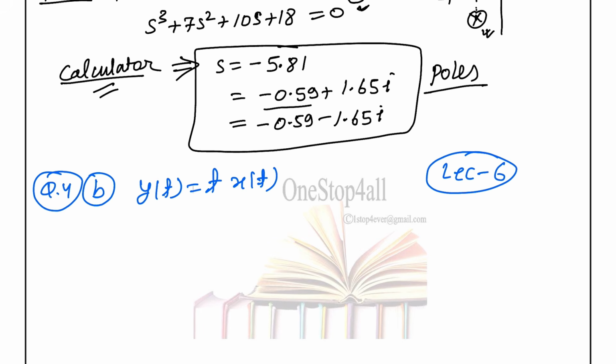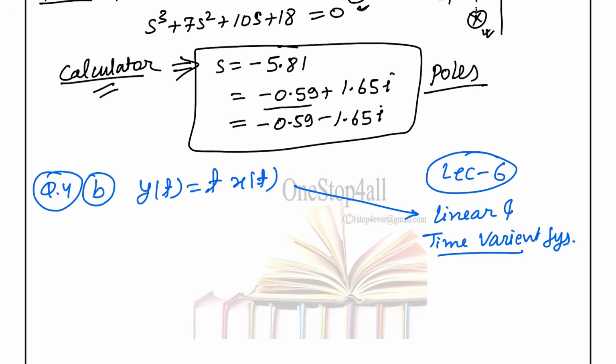We need to check whether it is linear or non-linear. It is simply linear. It is linear and time variant, sorry, it is a time variant system. This is your final answer.